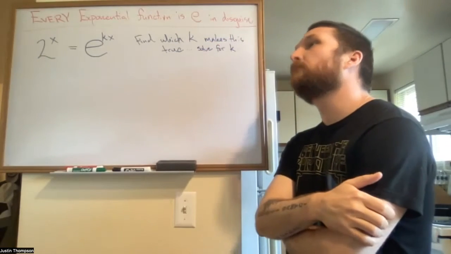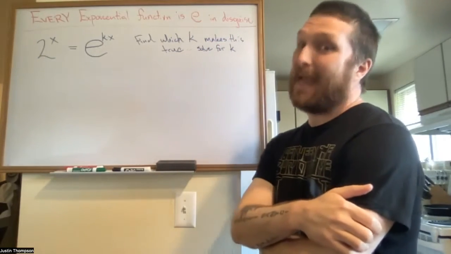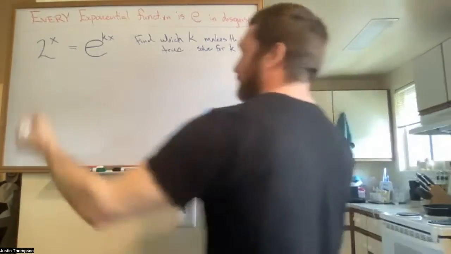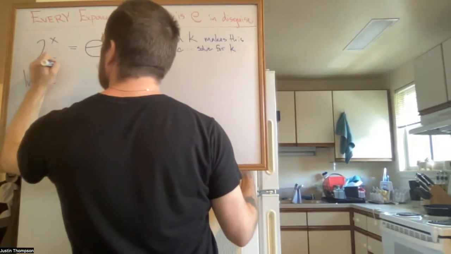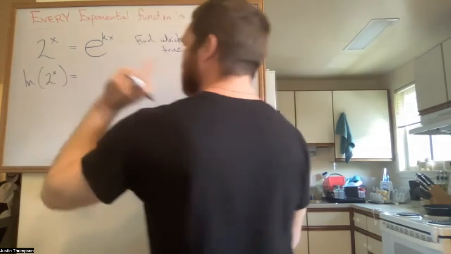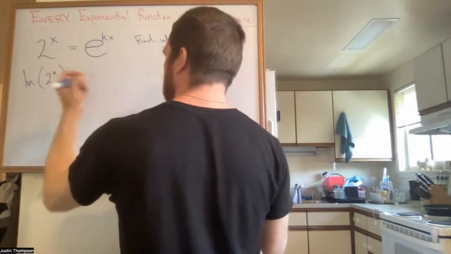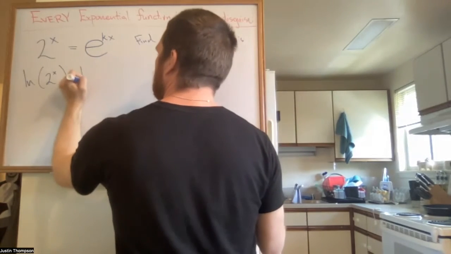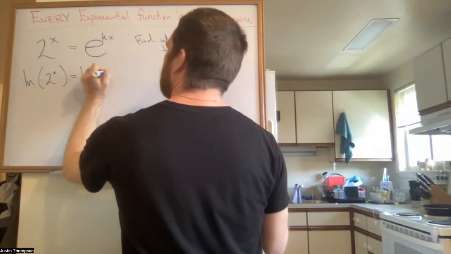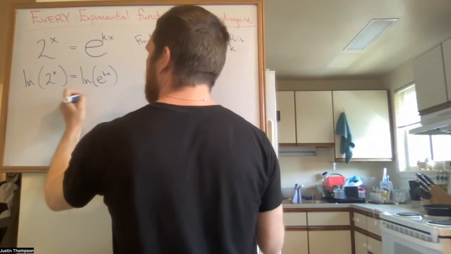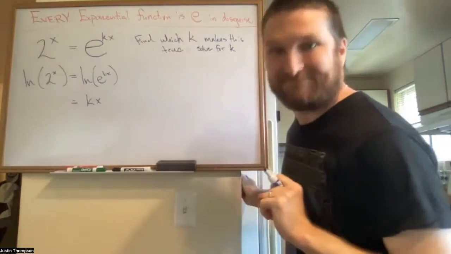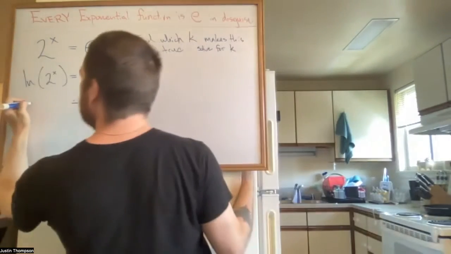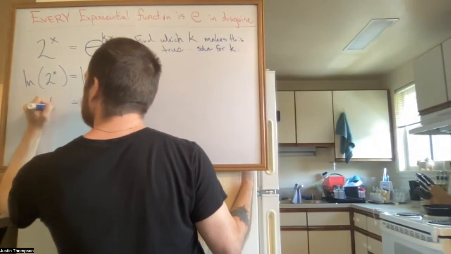Would you take the natural log of both sides? Then you get the natural log of 2 to the x equals the natural log of e to the kx, which is just kx. Yes. And then you can take the x out and you have x times the natural log of 2.